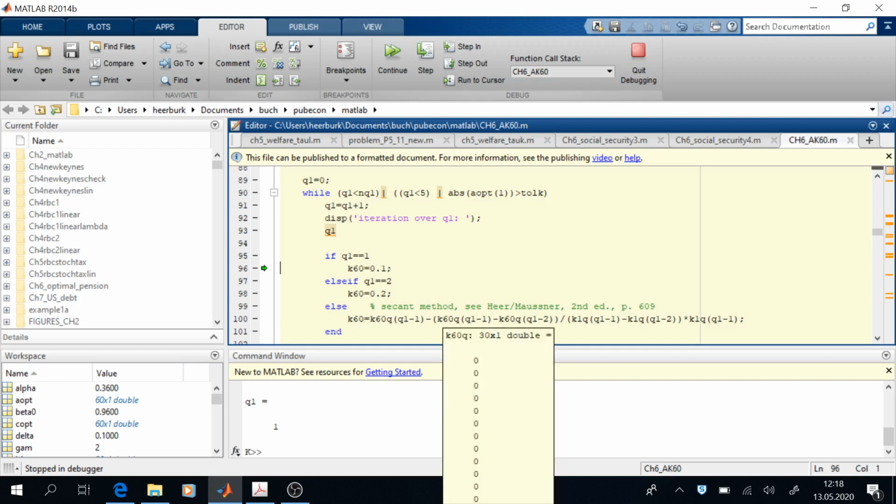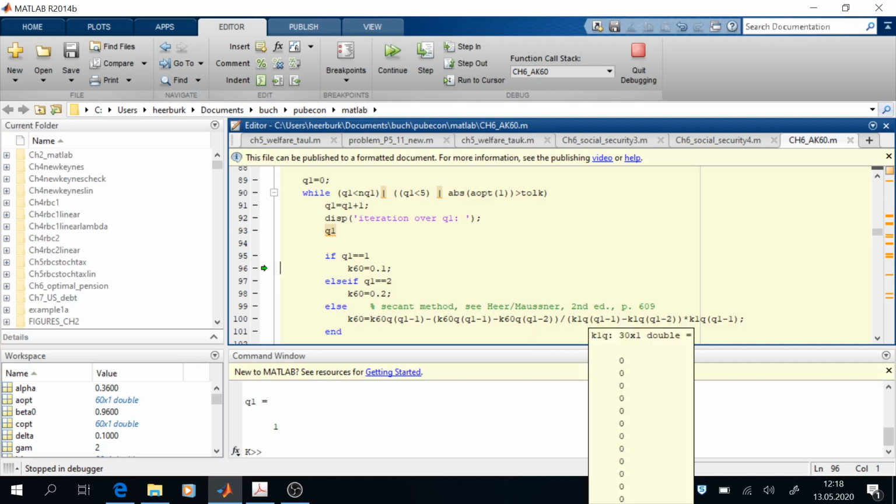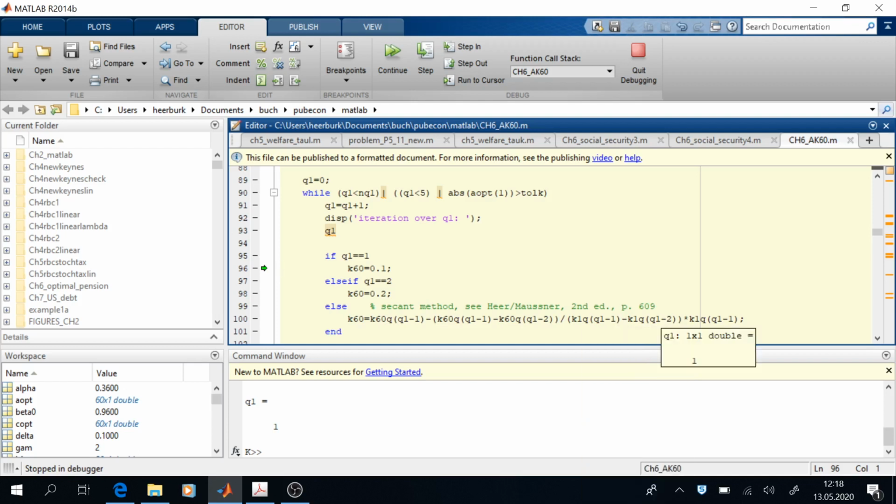Here we have the value found in the last iteration. Here we have the value of A60 used in the second to last iteration. And here we have the value of initial wealth A1 found in the 2 iterations, the difference between these 2 values. And that's our estimate of the slope of the secant here.